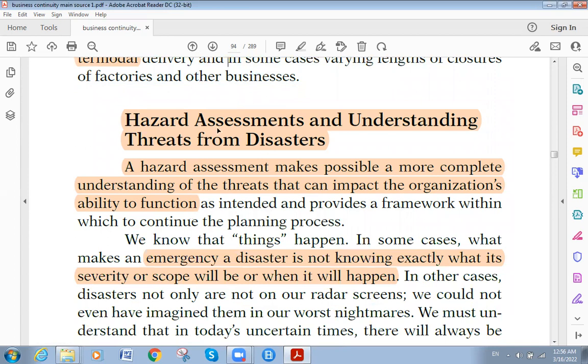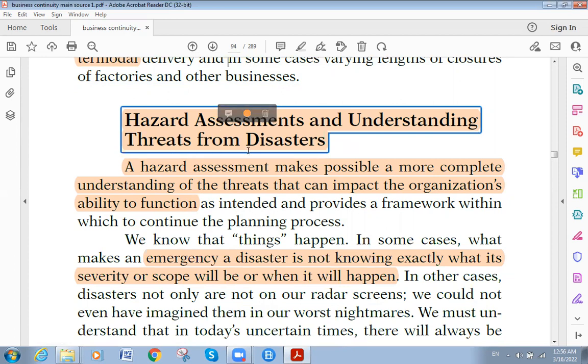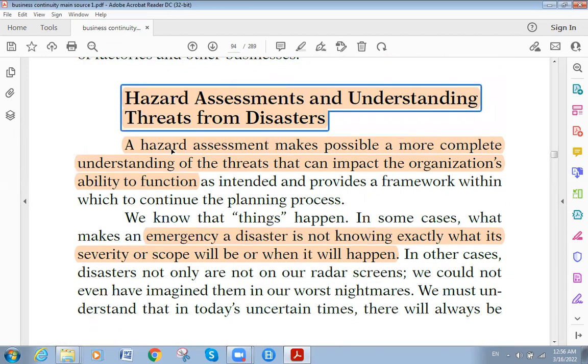Now we go to this part, hazard assessments and understanding threats from disasters. Of course, if natural disasters occur like this, we saw flood in the Mississippi River, we saw hurricanes, and it will affect the logistic system.